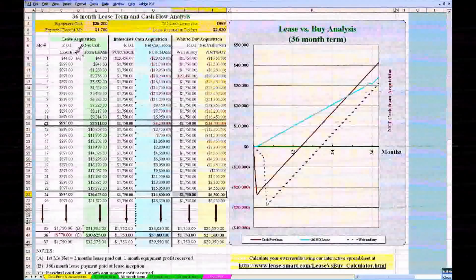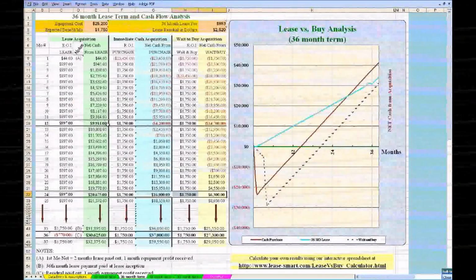The table shows that at the end of year one, the lease acquisition provides the owner with $9,911 in net cash profits, while with the immediate cash purchase option, he still needs to make $4,200 in profits just to reach break even. Based on this customer's figures, it's sometime in month 15 where the equipment would break into positive territory on a cash purchase. That's where the numbers come into the black.